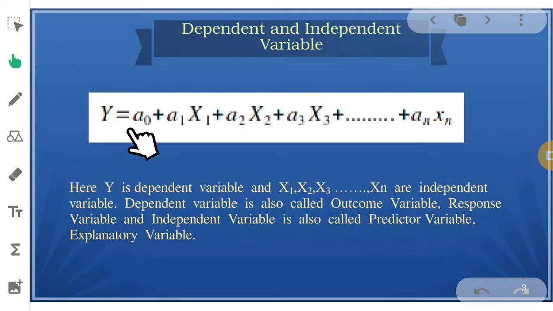It is an equation y equal to a0 plus a1 x1 plus a2 x2 plus so on plus an xn. Here y is the dependent variable and these are independent variables.